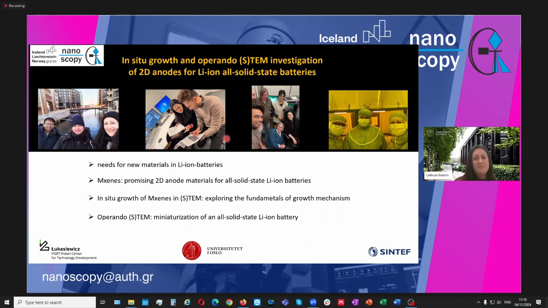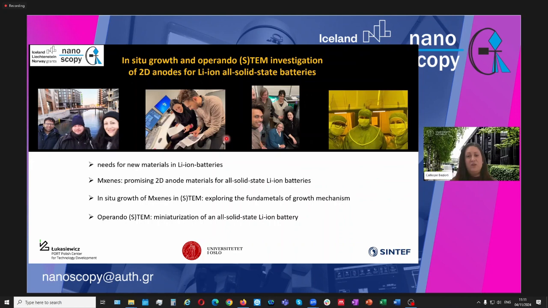So this is just a simple outline of my talk today. I will start by talking about the current needs for new materials for lithium-ion batteries. Then we will move to the material of interest, which is MXenes, a promising 2D anode material for all solid-state lithium-ion batteries.